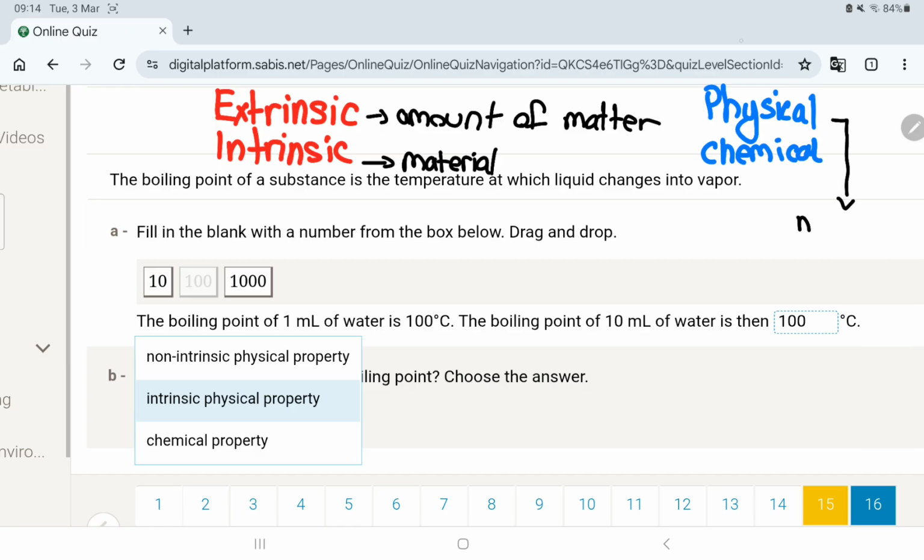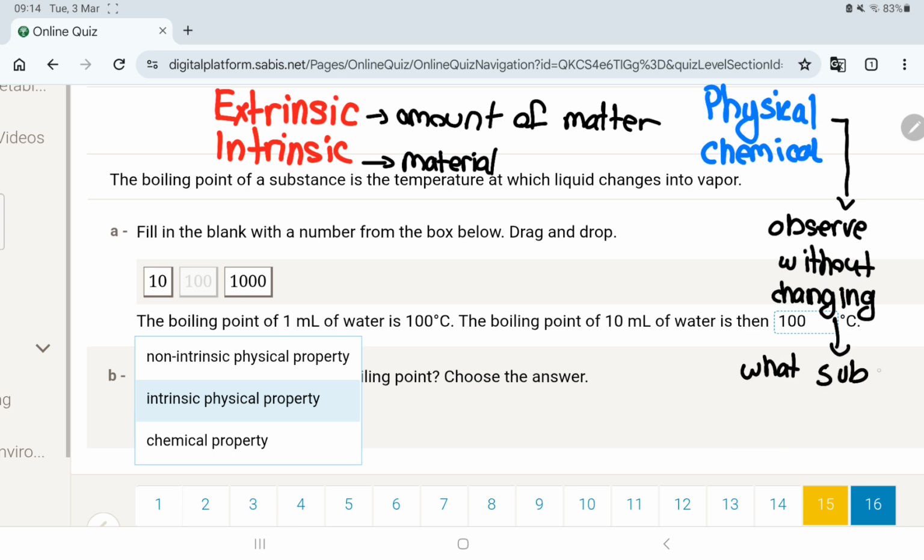no new substances form. So you can observe without changing the identity of the substance, what the substance is made of.